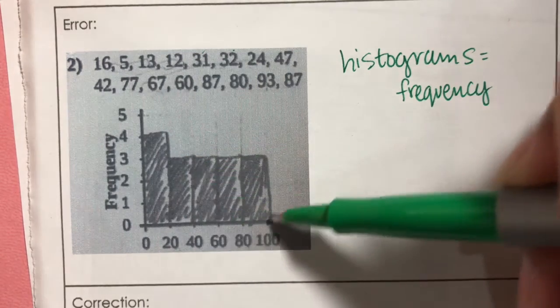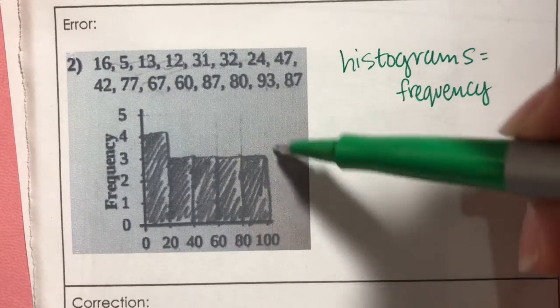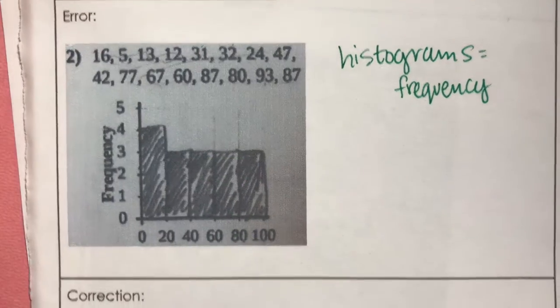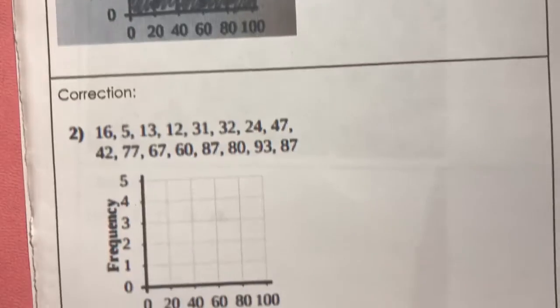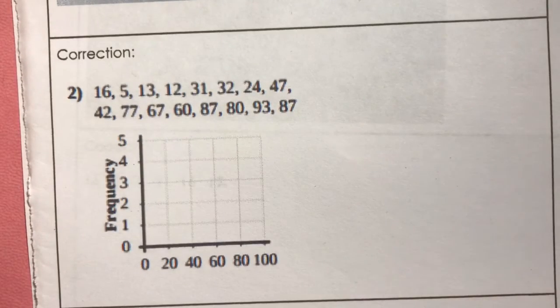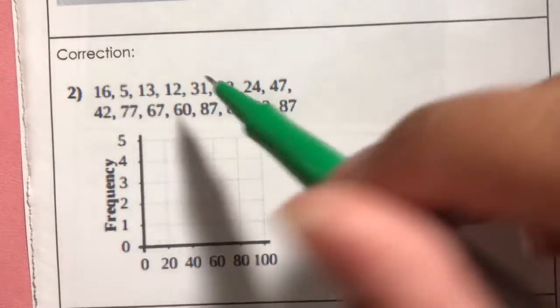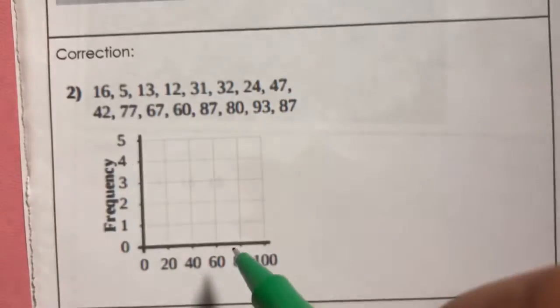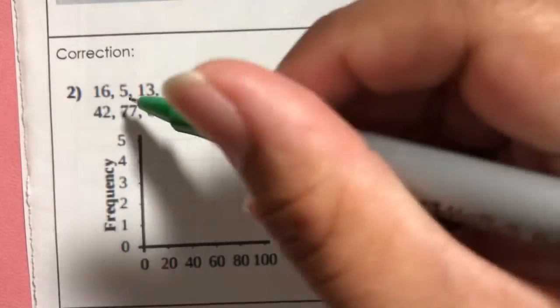Now when we get to here is when we get a little bit lost. Okay, so let's go ahead and make that correction down here. So if you move down in your notes, you'll see that there's a new graph for us to work with. Okay, so we'll go step by step with this. So the easiest way to do this is just go through all the data and look for the numbers that fall in between those increments.